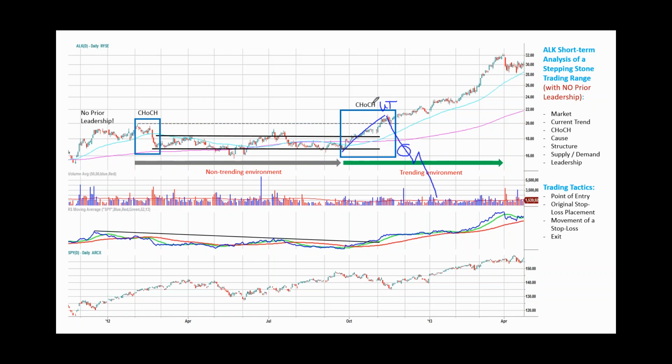So in class, we discuss where this type of change of character is going to fail. And as you know, as traders and investors, a failed signal is a very, very good signal. So this is just a variation on the change of character, and we should be aware of that.